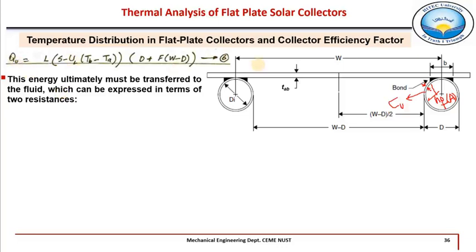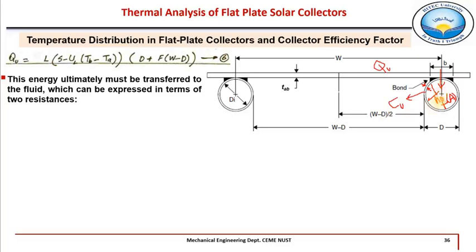So this energy Q, given by this equation 6, which represents the net heat absorbed by this absorber sheet from the fin portion plus from this portion, will now be transferred to the fluid. Between this absorber sheet and the fluid, there are two major thermal resistances: one due to this welded bond, and second due to the convective heat transfer resistance of this fluid flowing through this pipe at a certain mass flow rate.